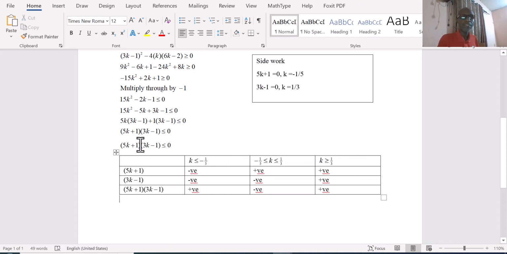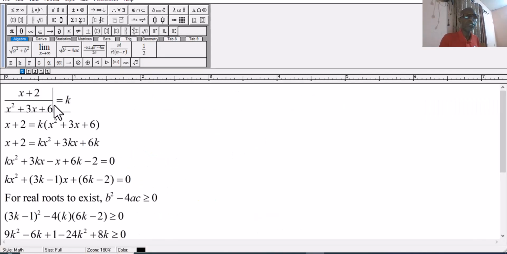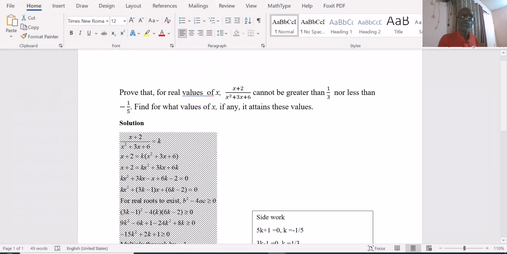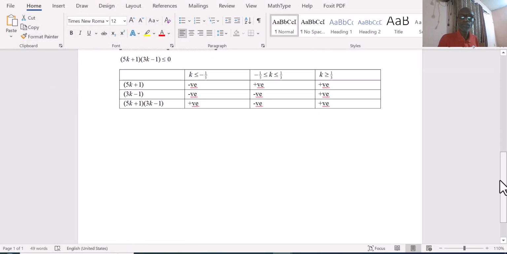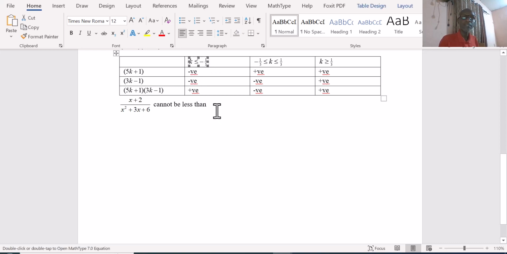So this expression, let me copy this. I will have to copy this expression that we are given. It cannot be less than this.